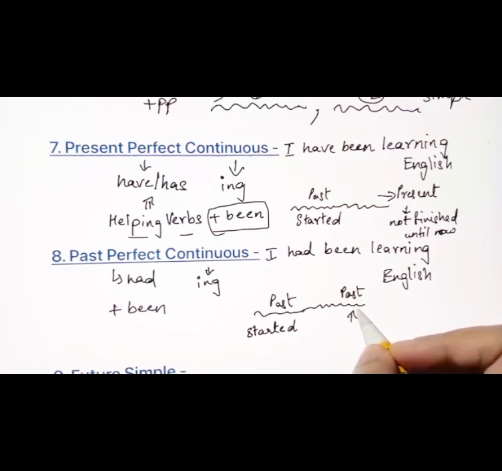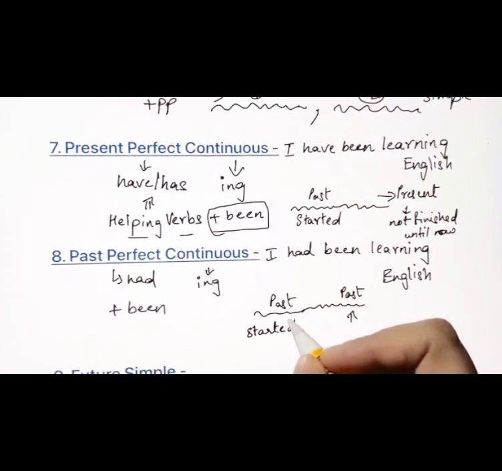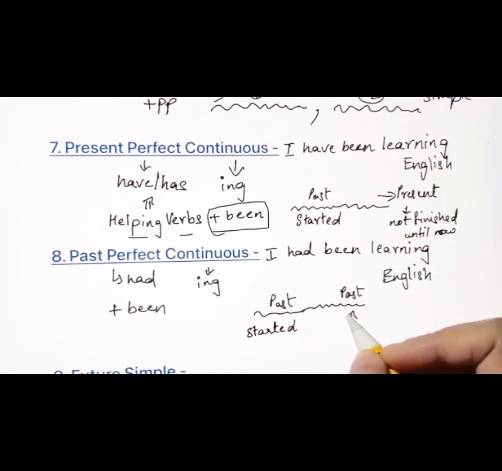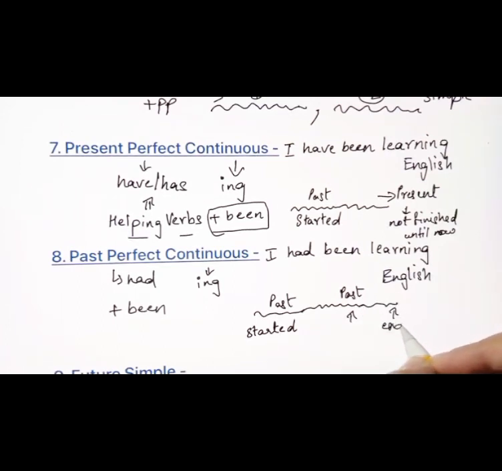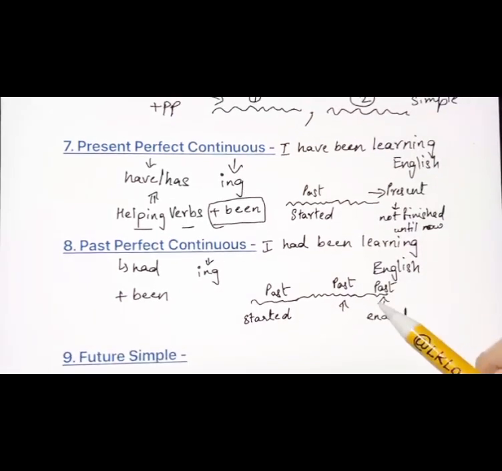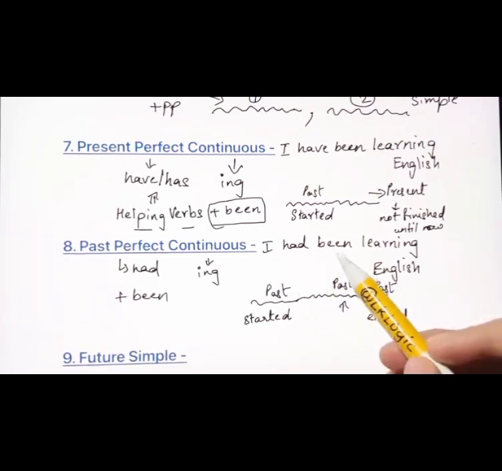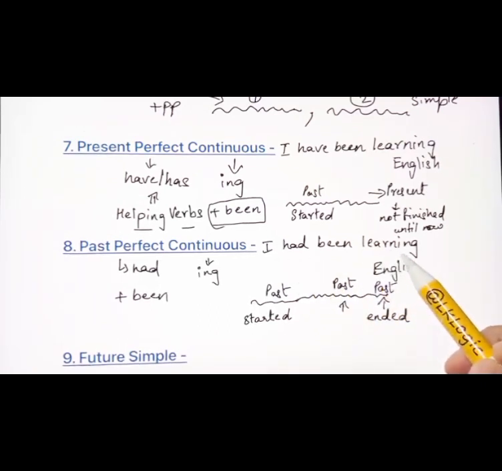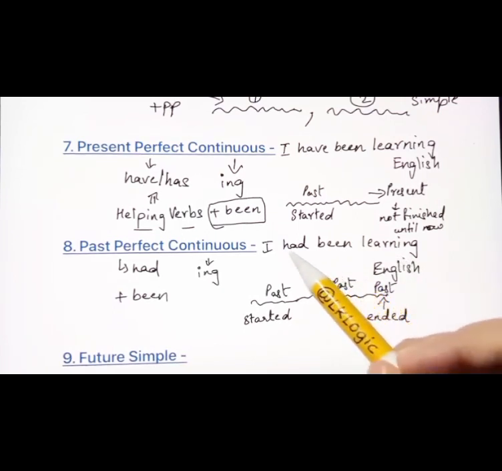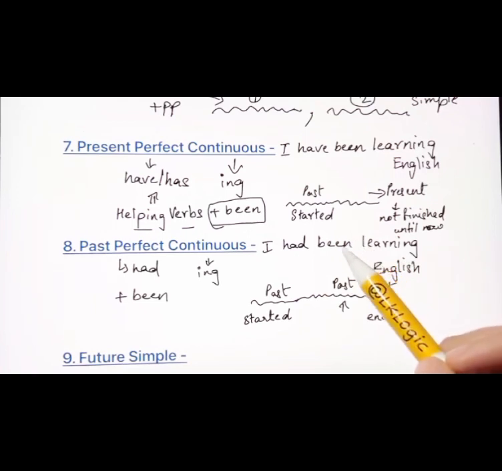In this, you started learning in the past, continued learning in the past, and it also ended in the past at a defined point in the past. So for example, I had been learning English for 3 weeks and I was very tired. I had been learning English for 3 months before I gave an interview.